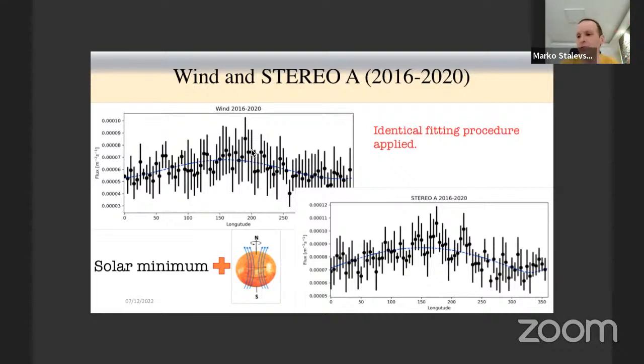Is there any obstacle to using those satellites as well? Yeah, I presented a few really nice pictures. I think those are dust observations in infrared, so you can observe dust also at different scales. But yes, the answer is, if you have a satellite with a radio instrument, you can expect to observe dust in situ.